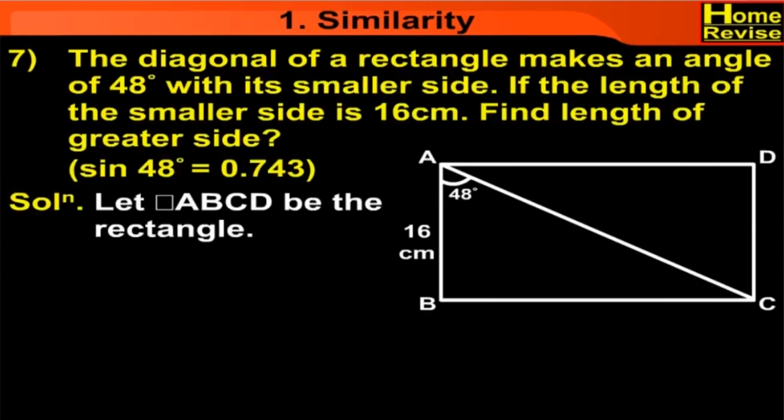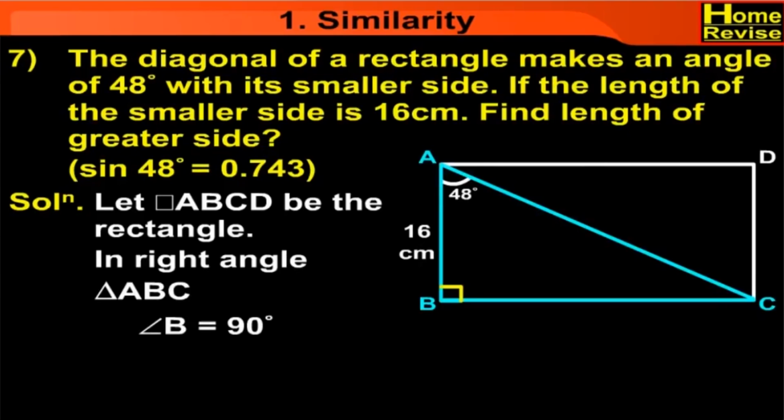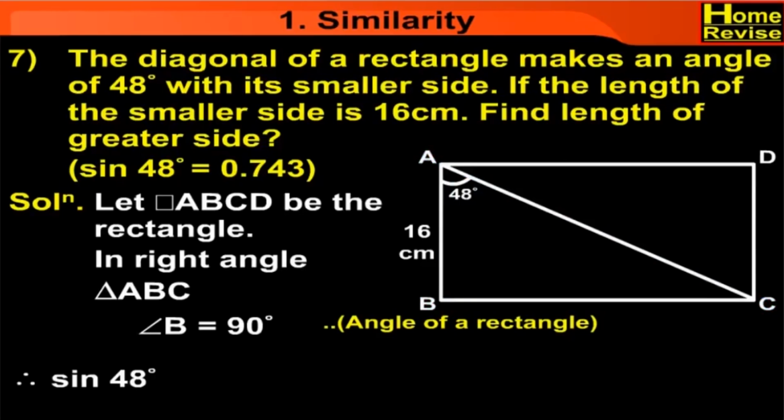Let quadrilateral ABCD be the rectangle. In right angled triangle ABC, angle B is equal to 90 degrees. Reason: angle of a rectangle. Therefore, sine 48 degrees is equal to BC upon AC.